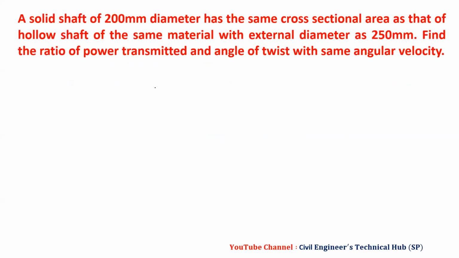A solid shaft of 200 mm diameter has the same cross-sectional area as that of a hollow shaft of the same material with external diameter 250. So area of solid shaft is equal to area of hollow shaft. This is pi by 4 into 200 square, whereas for the hollow shaft we have pi by 4 into 250 square minus d square.